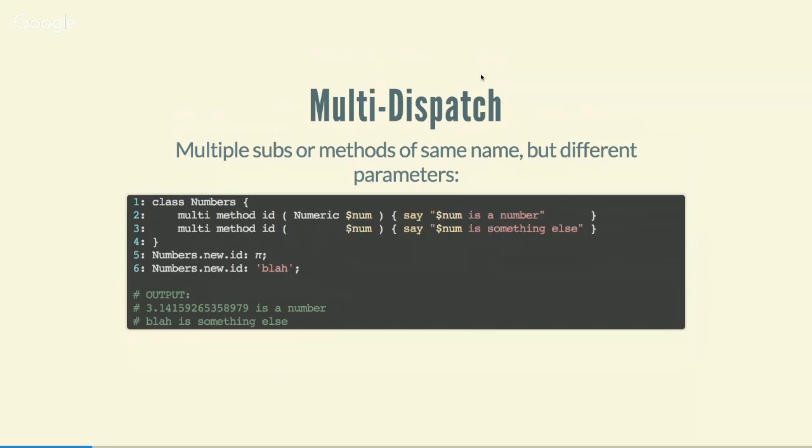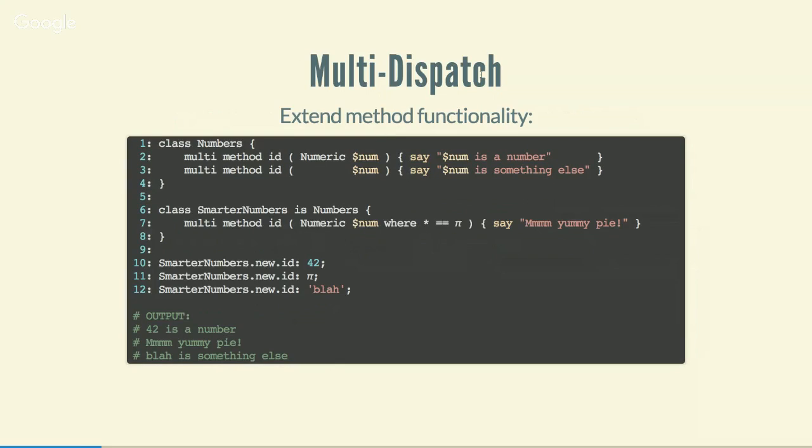Yeah, so this is one class, right? And what if you want to extend what the ID method does without touching that class? You can subclass it, and that's what we're doing on line number 6. We're creating a class smarter numbers, and we're writing is numbers. That's subclassing the previous class. And we're defining a method ID.